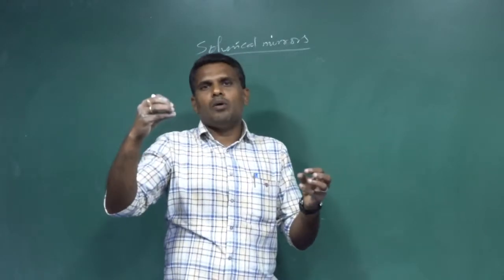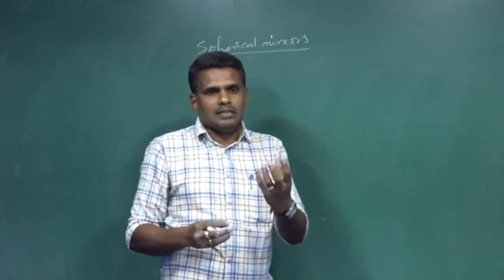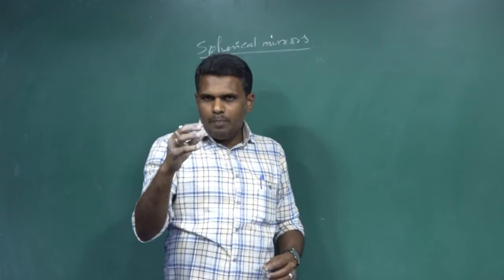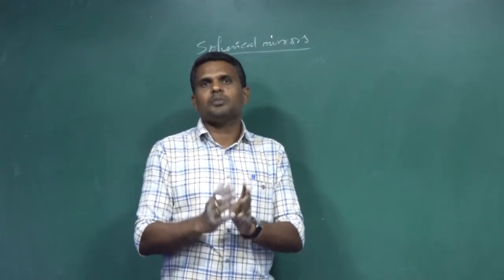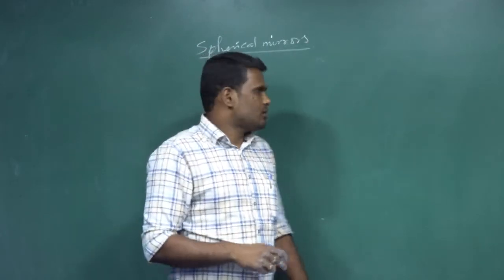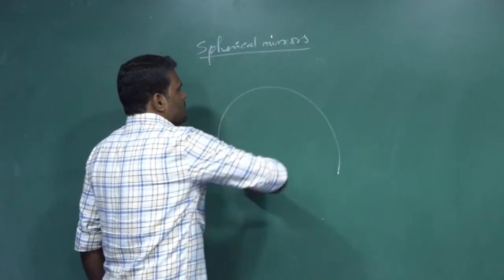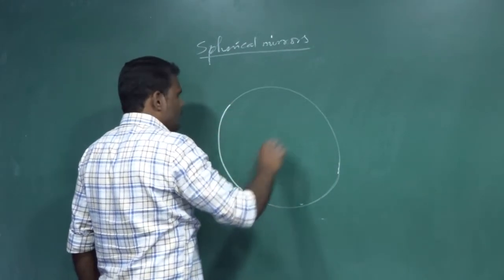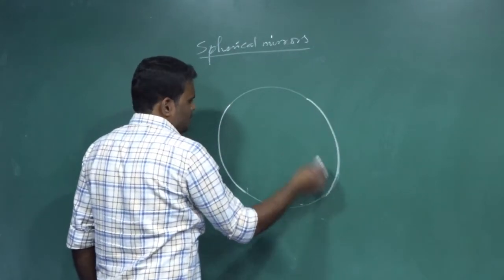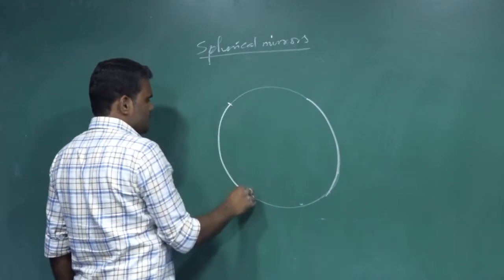If you take the cap out of the ice cream ball, then that cap itself will act as a spherical mirror. So the nature of a spherical mirror will be in that form. From an entire sphere, we can cut two different spherical surfaces.